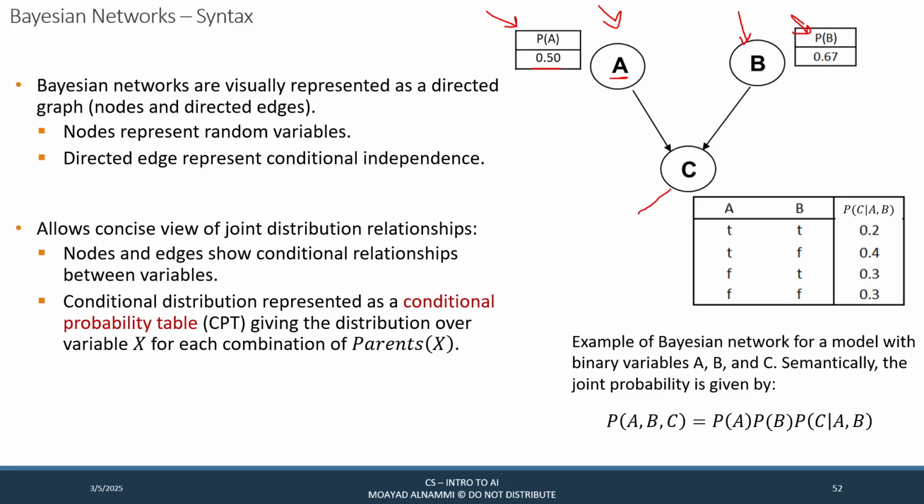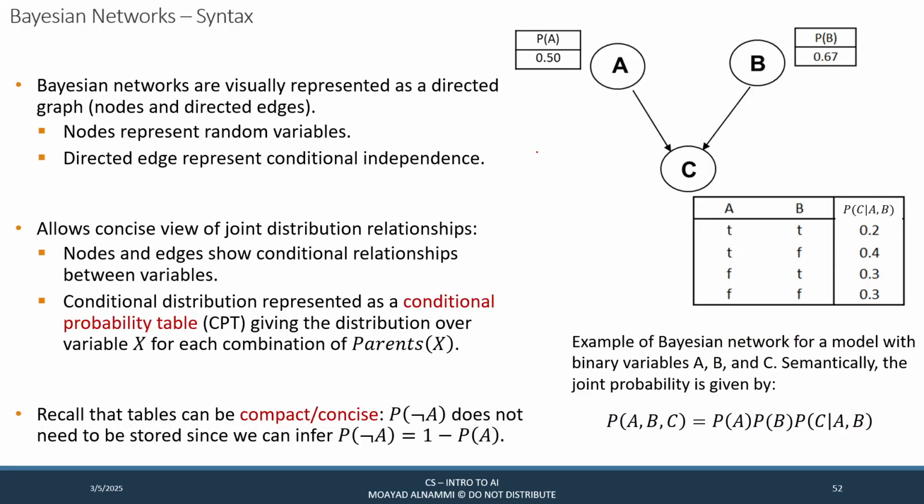And then finally, the probability that C is true given that A and B are true is 0.2. The probability that C is true given that A is true and B is false is 0.4, and so on for the remainder of the settings. Okay, so this is how Bayesian networks are represented visually, and they represent the variables in your problem as well as the relationships and how the sampling can be done.